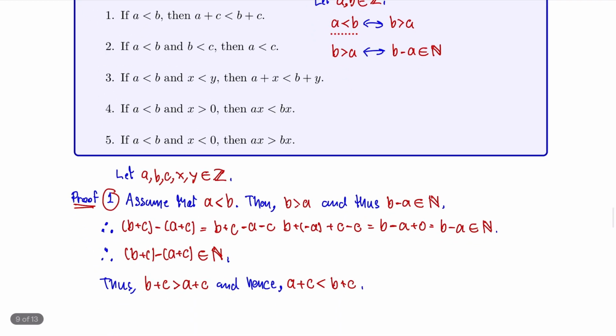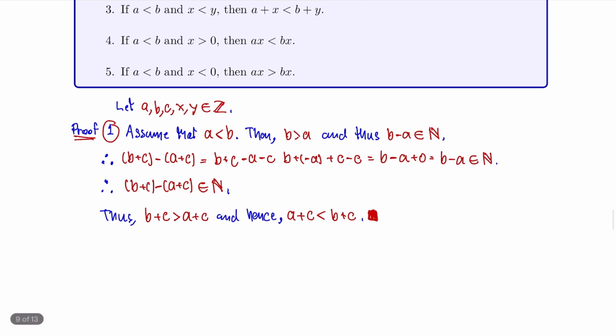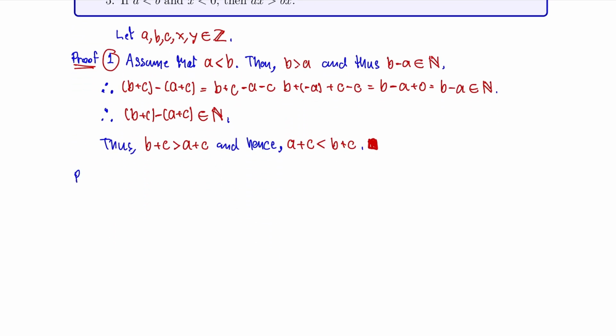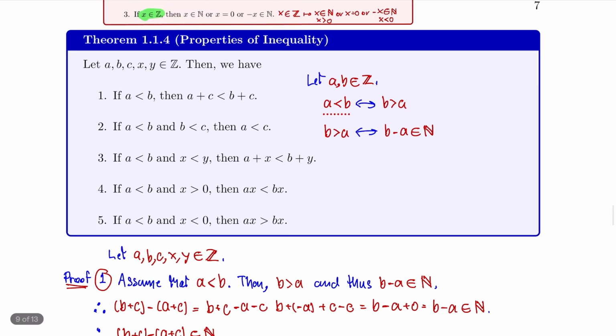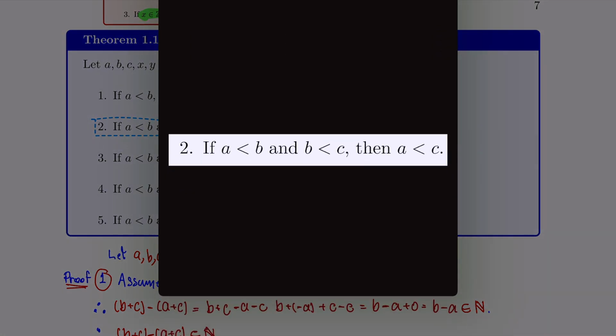Okay, similarly, try to do the second one. Let's prove property number 2.